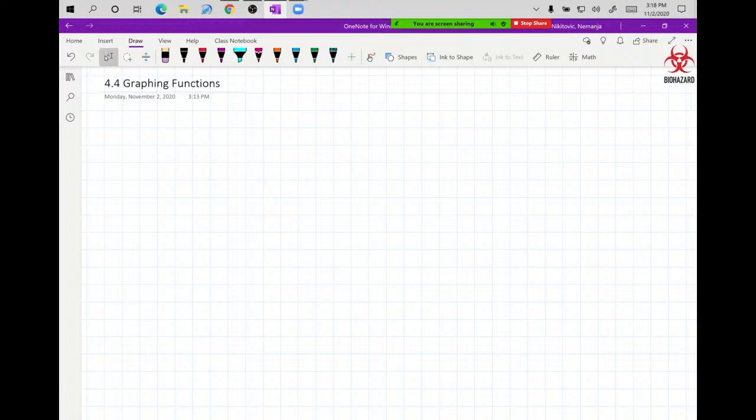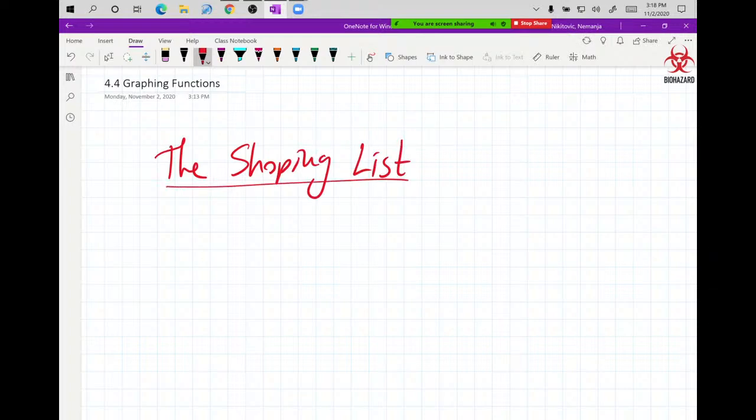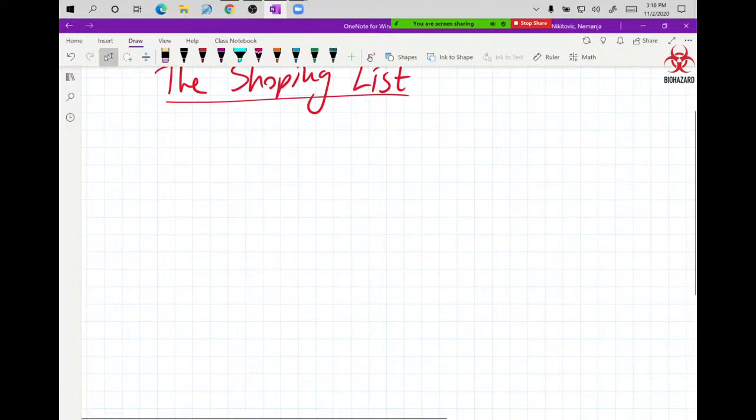Now, I call this the shopping list. It's mainly the list of things that we need to compute so that we can really do graphing.